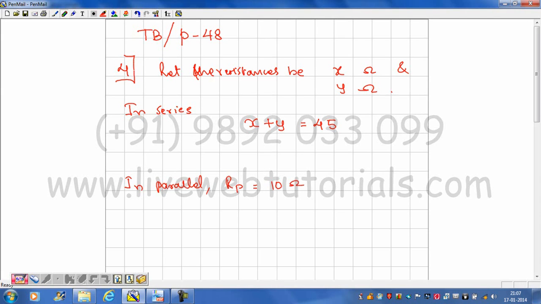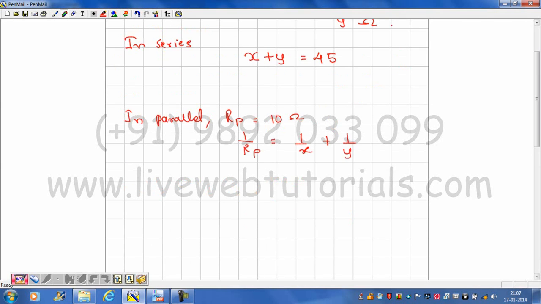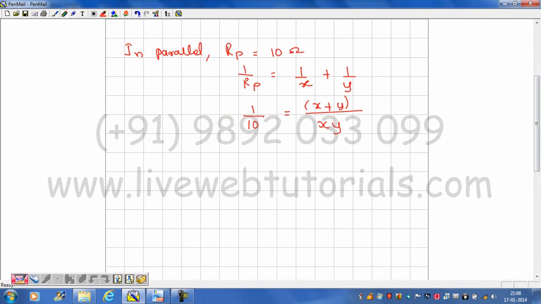I'll apply the formula of Rp, 1 upon Rp is equal to 1 upon R1 plus 1 upon R2, which is going to be 1 upon X plus 1 upon Y. Okay, so this is going to give me 1 upon 10 is equal to XY is the LCM. In the numerator, I'm going to get over here X plus Y. Okay, so this is going to give me, I'll just cross multiply this.